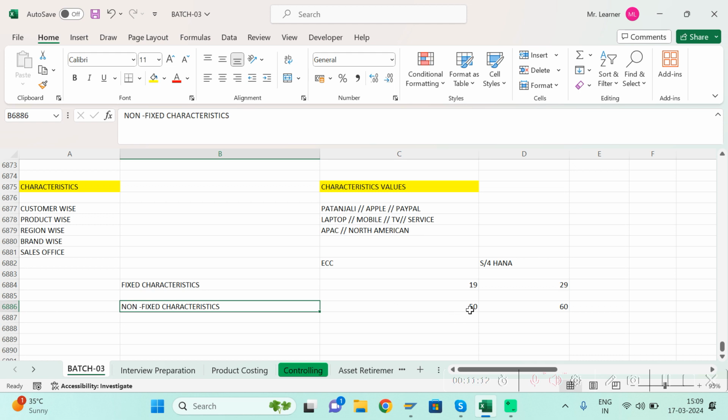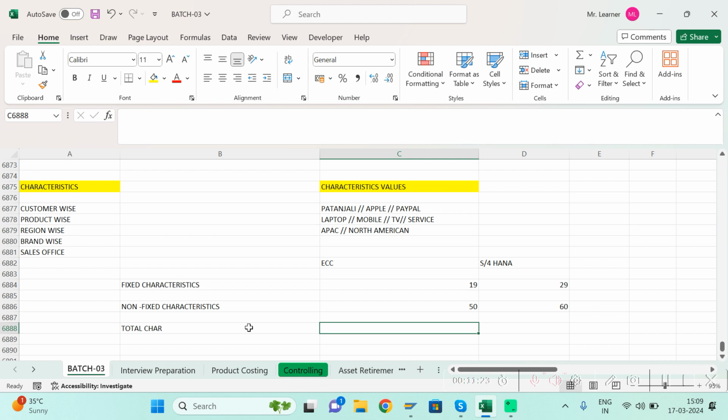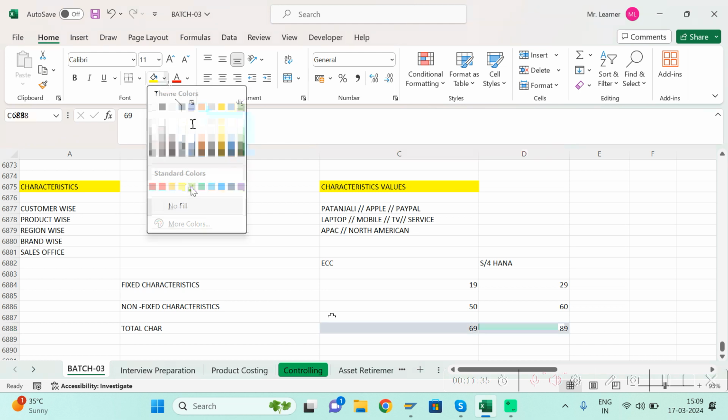So in ECC total characteristics you could add, 50 plus 19 is equal to 69, but here in S4HANA up to 89. Okay, up to 89 you can add.